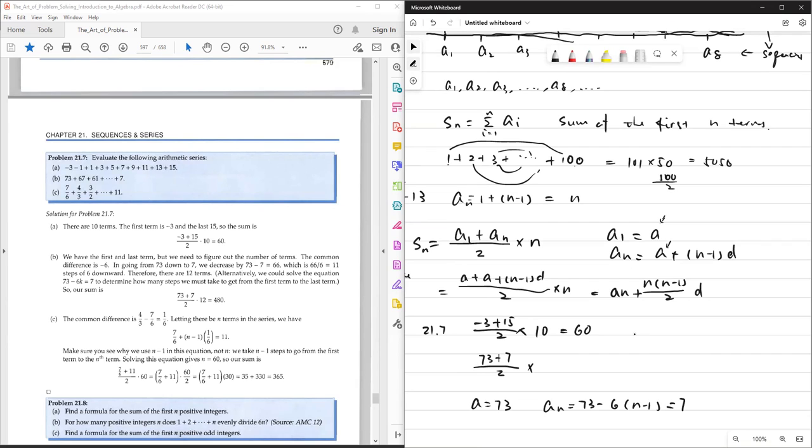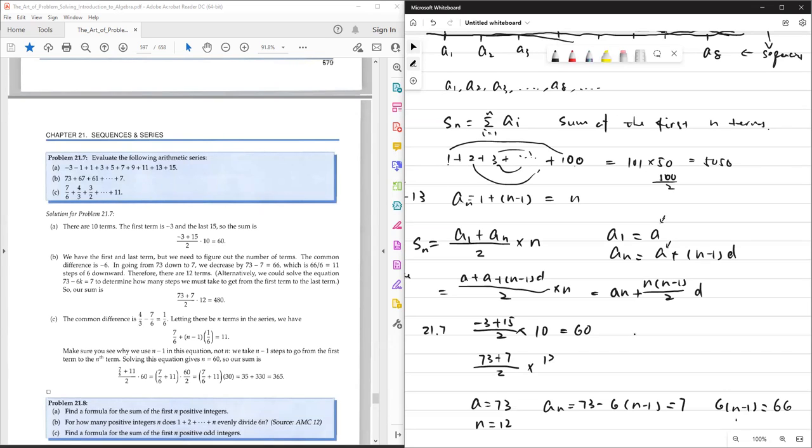Okay, so this means 6 times n minus 1 equals 66. 66, and therefore n equals 12.